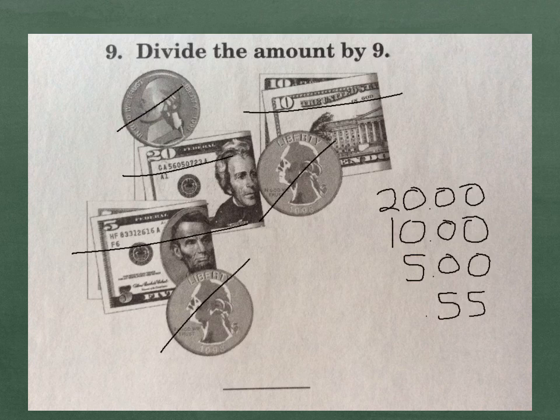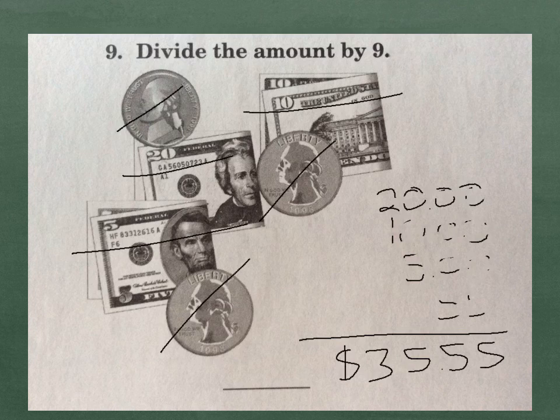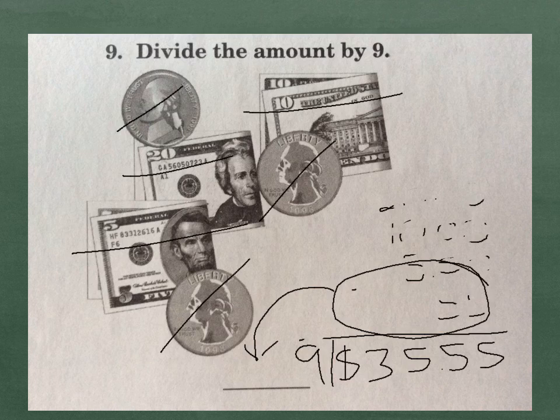And so I need to add all that up. And I get $35.55. What you guys need to do is divide it by 9, and whatever you get will be your answer.